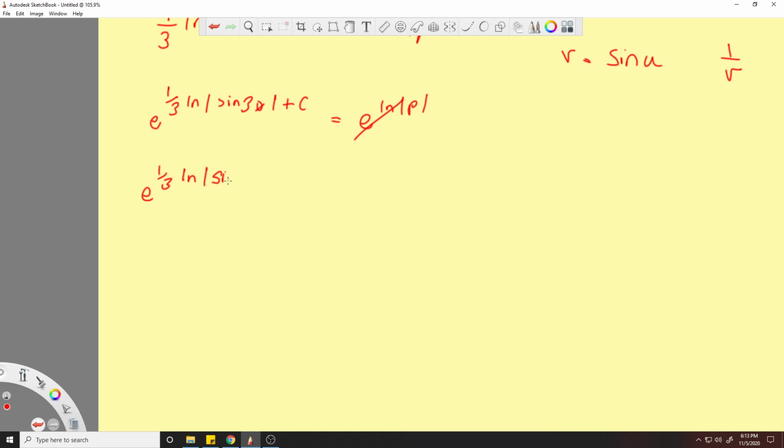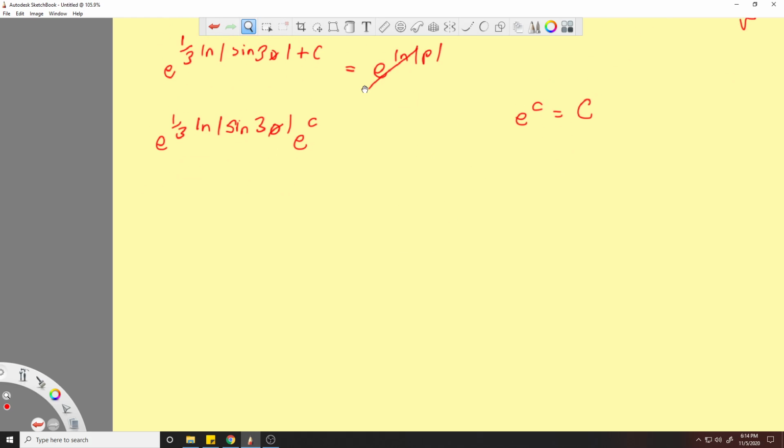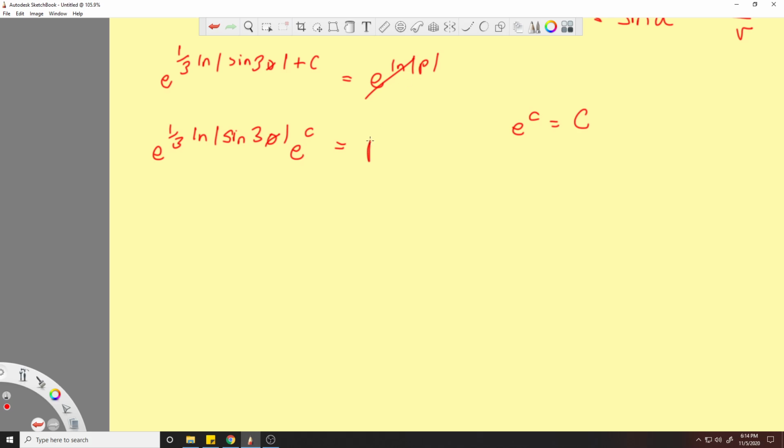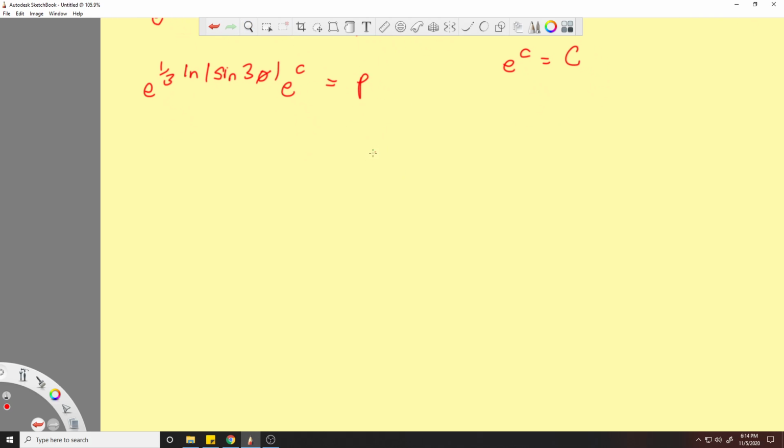Now this c, instead of writing plus c, I'll write times e to the c. Now this e to the c is going to be equal to c because of the constant of integration. So I will put this c out front.